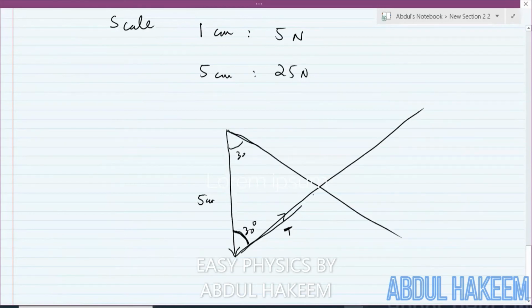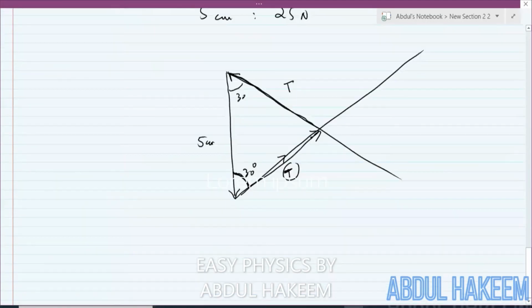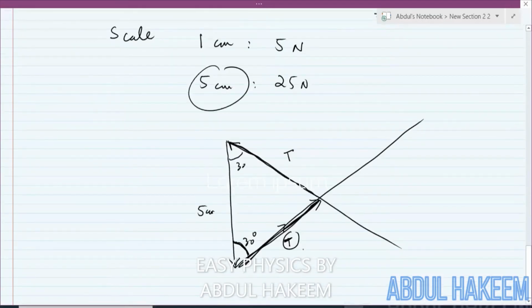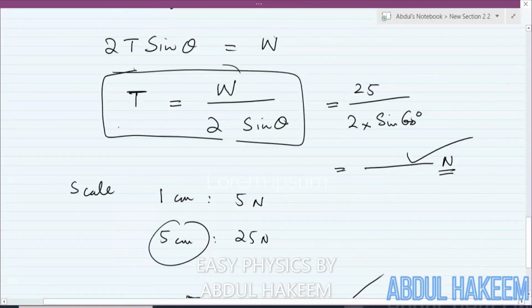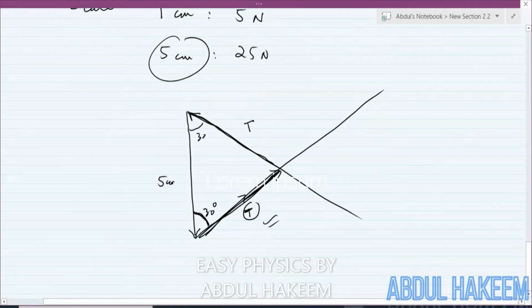So this line will represent the right side tension, and this will represent the left side tension. By measuring the length with the help of the ruler and then multiplying it by 5, we will calculate the tension, and this answer will be exactly equal to this. So this is the formula to calculate the tension, and this is the method to determine it by drawing.